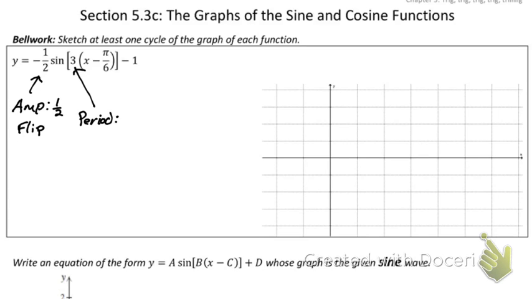And the period is going to be 2 pi over whatever number that is, and that's 3. Can't simplify, so let's leave it as is. Negative pi over 6, that means it's going to go right pi over 6. And that negative 1 says we're going to go down 1.